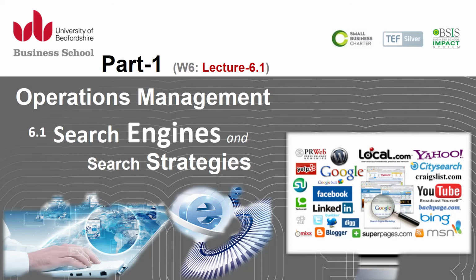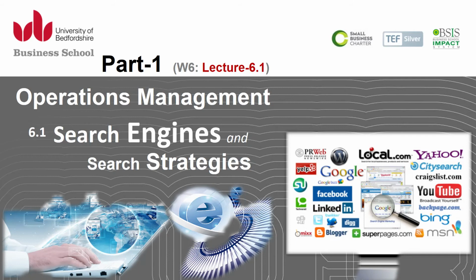So a search engine, as we know, is a web-based tool that enables users to locate information on the World Wide Web. It is also very common in practice now. We use search engines for searching any particular information we are after in personal life, social life, or business life.